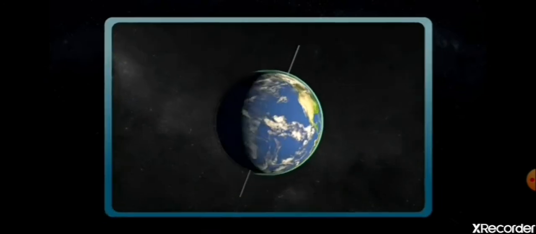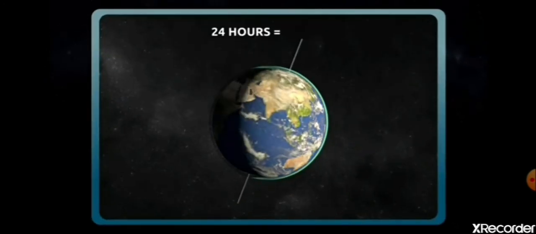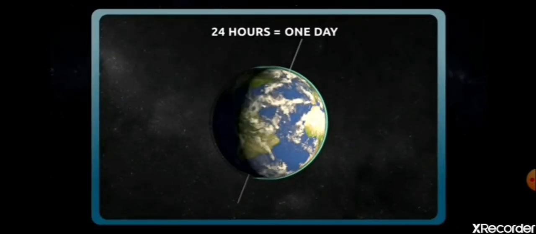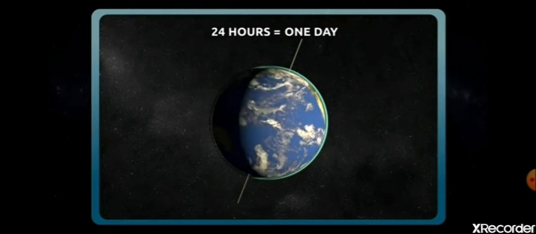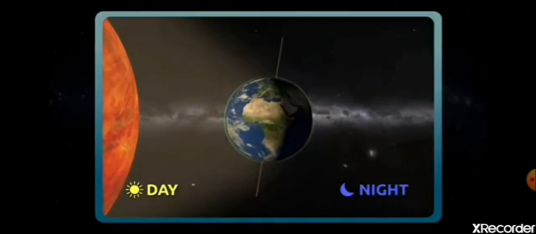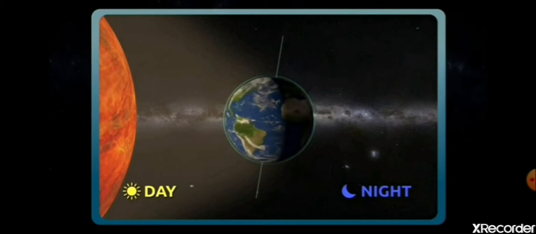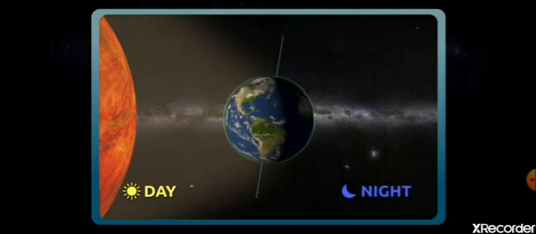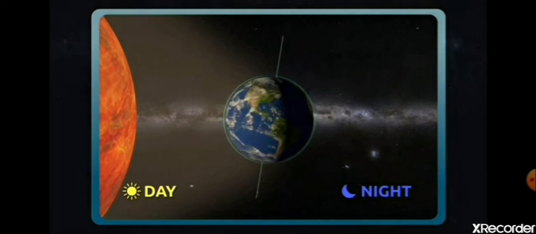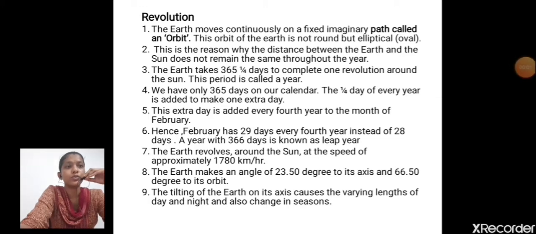It takes planet Earth 24 hours to complete one rotation on its axis, which is the equivalent of one day. Rotation explains day and night. As you can see, it's daytime in the part of the Earth that faces the sun, and nighttime on the dark side. I hope you would have understood the concept of rotation through this video.